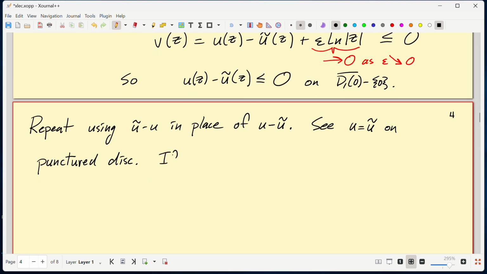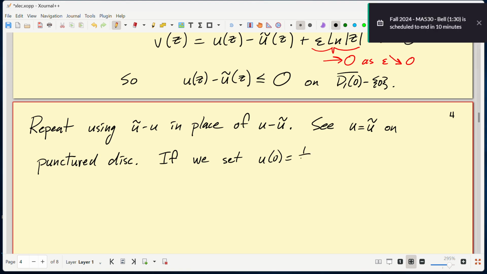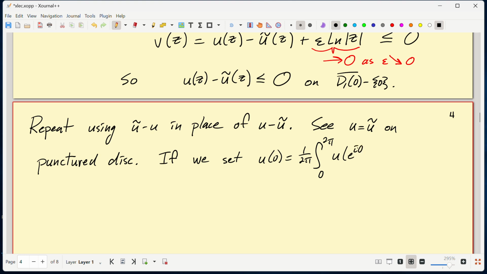If we set u of z equal to the average, the integral of u of e to the i theta d theta, if we set it equal to that, u is harmonic on the whole disk. So it's a really clever, simple thing to do. Just uses the maximum principle.